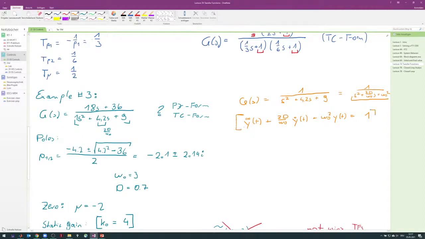It looked like this. Alternatively, we had the form 1 over s squared plus 2d omega 0 s plus omega 0 squared.